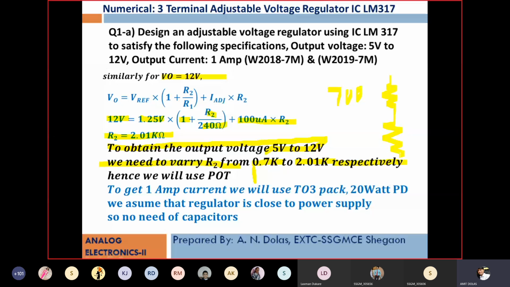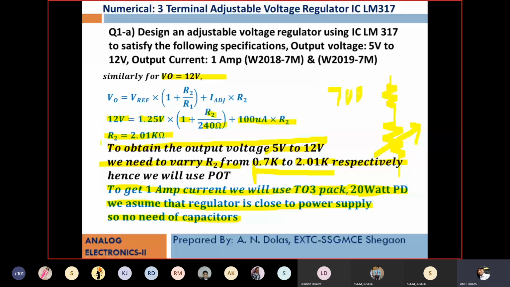It is around 1.3K, so you may have a 1.5K pot. To get 1 ampere current, choose a TO3 metal can package of 20 watt power dissipation. We assume that the regulator is close to the power supply, therefore no need of capacitors here.